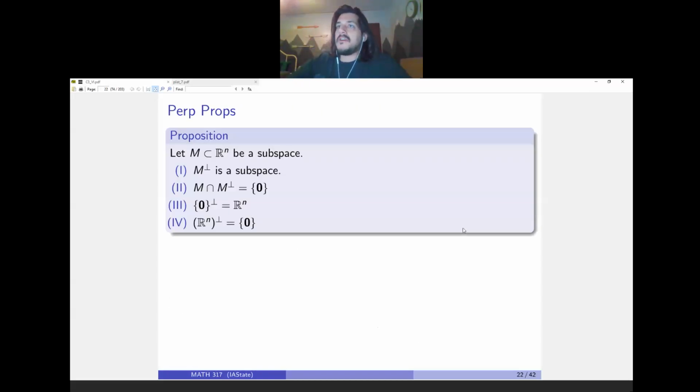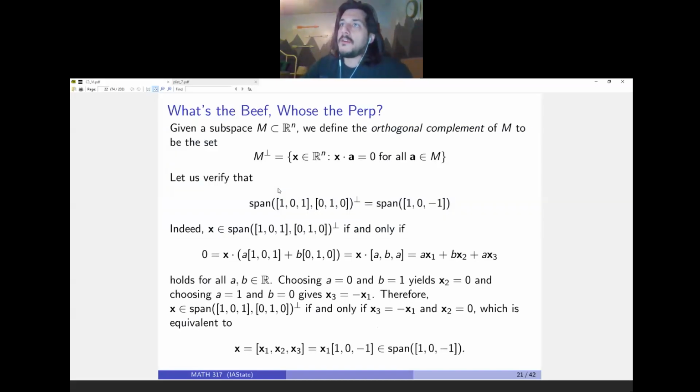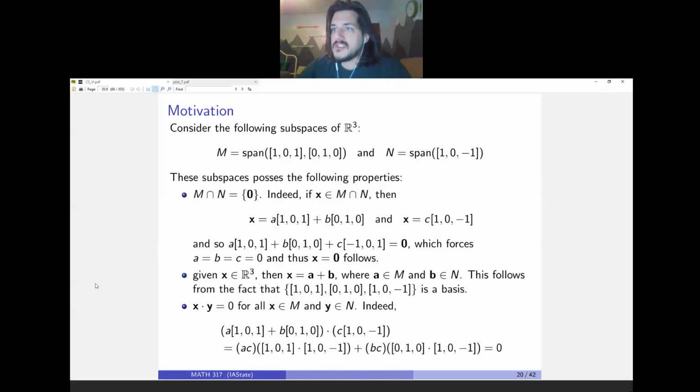Let's verify that. If you have a subspace, then its M-perp, its orthogonal complement, is indeed also a subspace. So that comes for free. The intersection is trivial. Good news. So that first property was for free. Note that the third property is also for free, because this is literally just the definition of being an orthogonal complement.